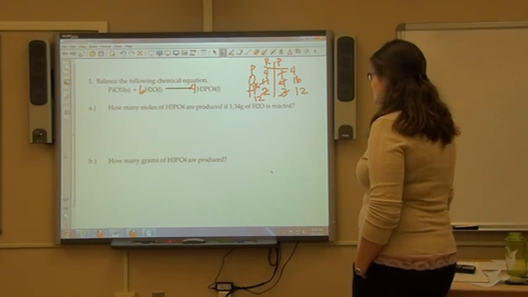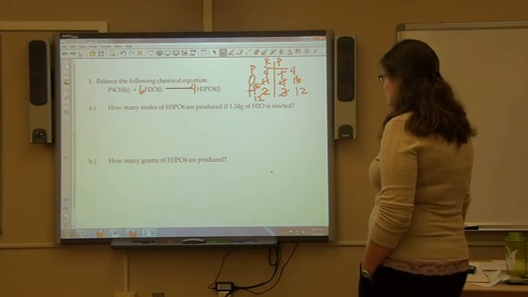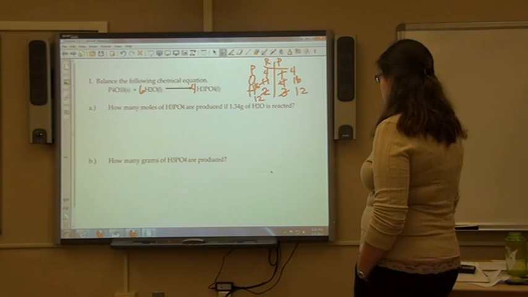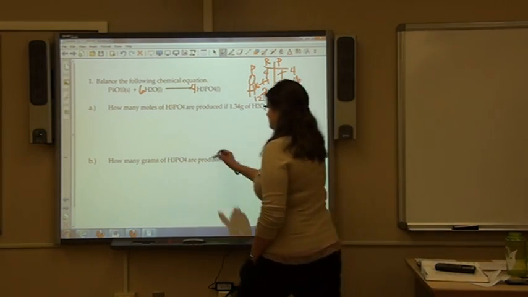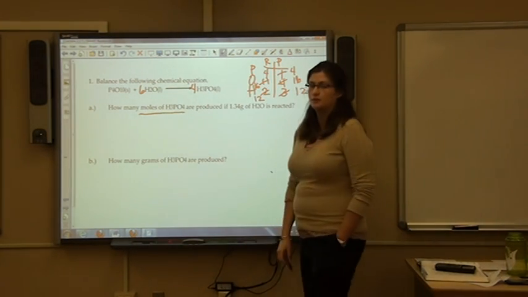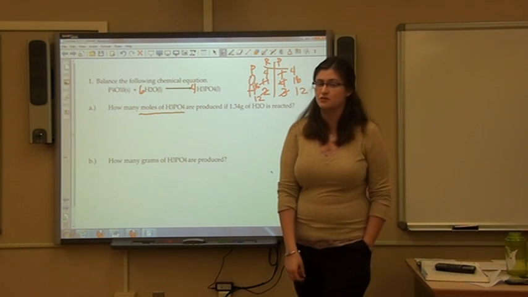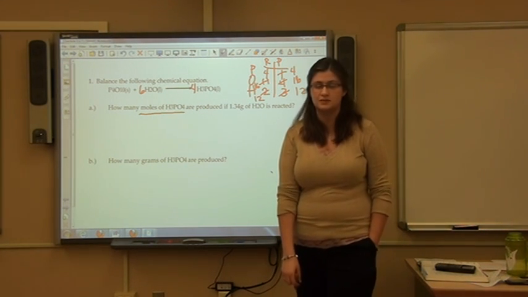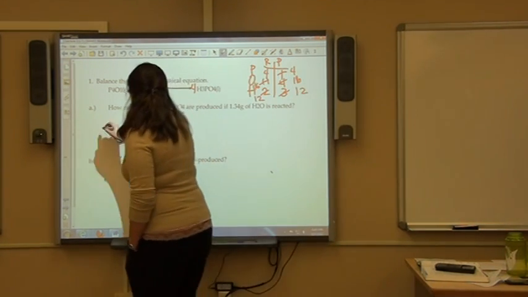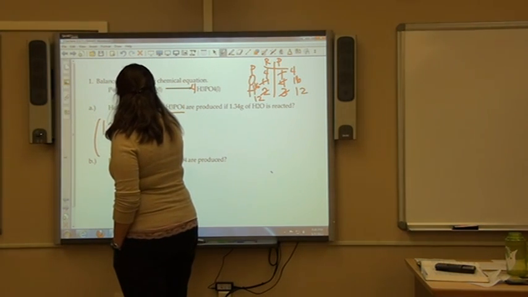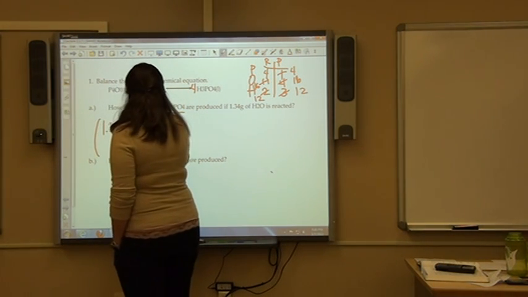Okay, so how many moles of H3PO4 are produced if 1.34 grams of H2O is reacted? Moles only. You don't have to go through that last bracket to get to grams. Okay, so let's start here. 1.34 grams of H2O.